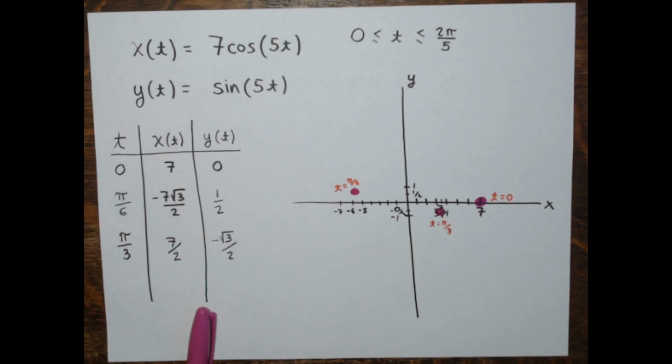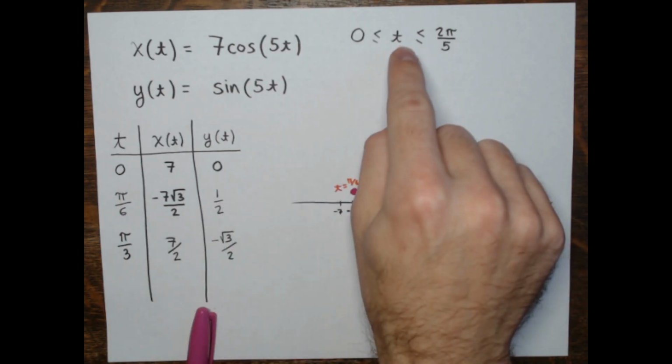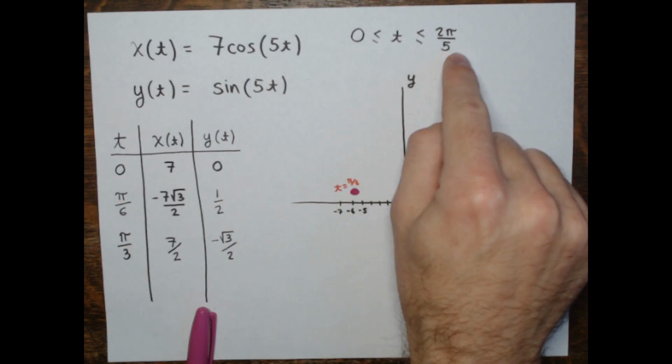Right? And we could plot more and more points of this by plugging in different values of t ranging from 0 to 2 pi over 5.